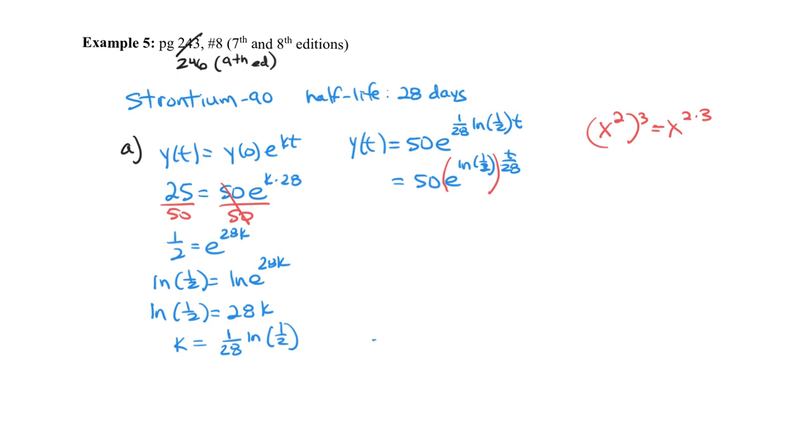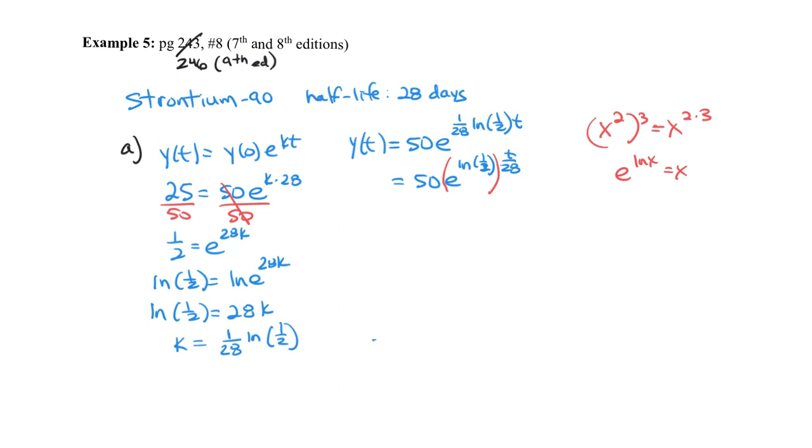And then we're going to use that other rule. It says e to the natural log of x is equal to x. We use that right here. So this is really just 1/2. So we really get y of t is equal to 50 times 1/2 to the t over 28.